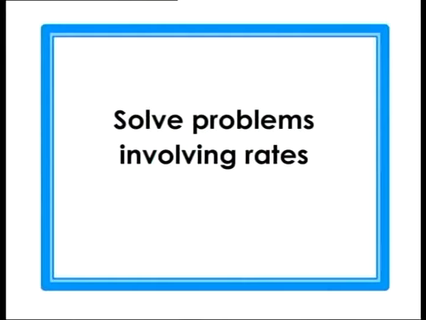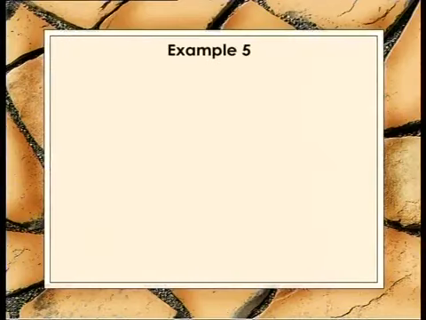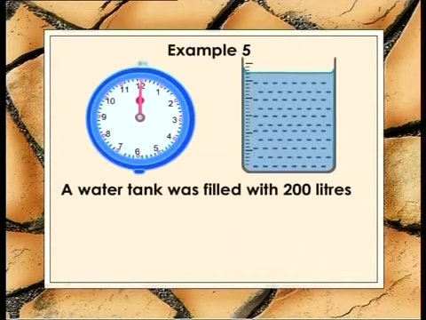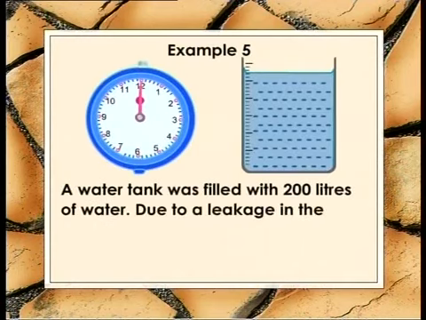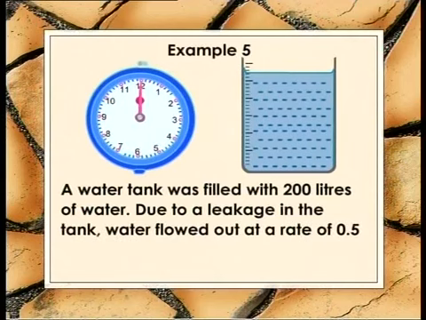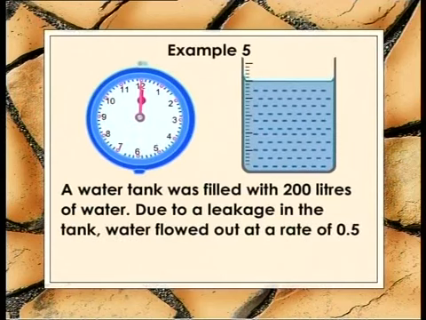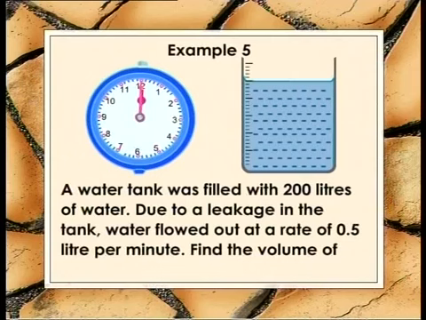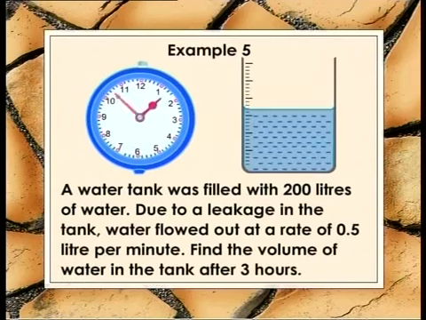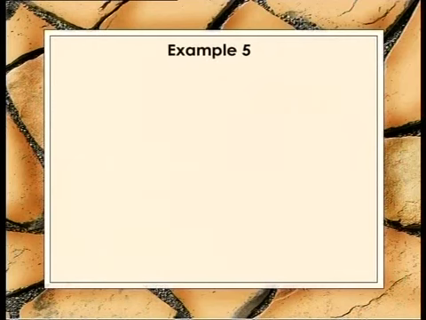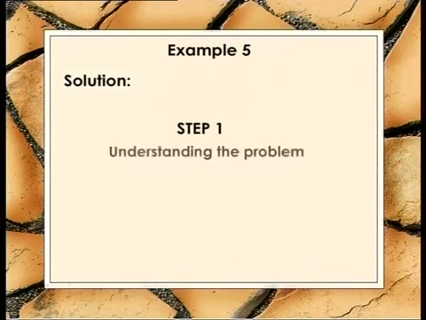Solve problems involving rates. Example 5. A water tank was filled with 200 liters of water. Due to a leakage in the tank, water flowed out at a rate of 0.5 liter per minute. Find the volume of water in the tank after 3 hours. Solution. Step 1. Understanding the problem.